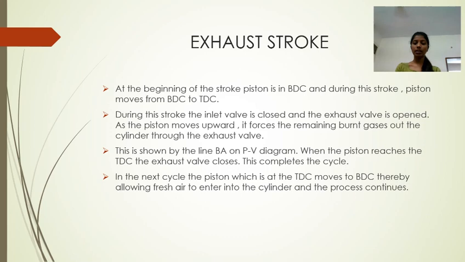This is shown by the line DA on the PV diagram. When the piston reaches the TDC, the exhaust valve closes. This completes the cycle. In the next cycle, the piston which is at the TDC moves to BDC, thereby allowing fresh air to enter the cylinder, and the process continues.